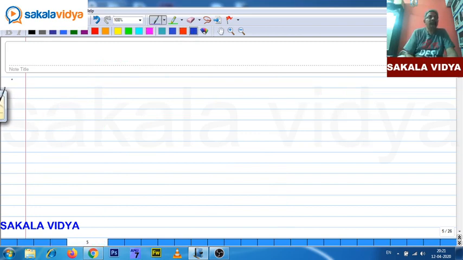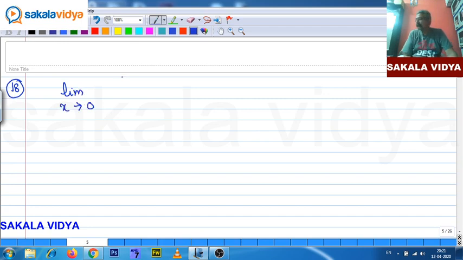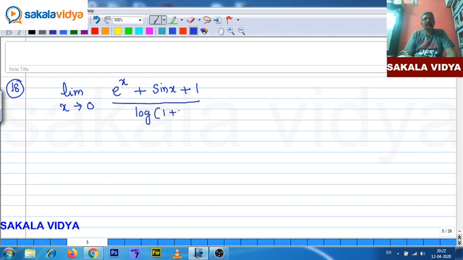So now the 18th question. Limit x tends to 0, e power x plus sin x plus 1 upon log of 1 plus x.